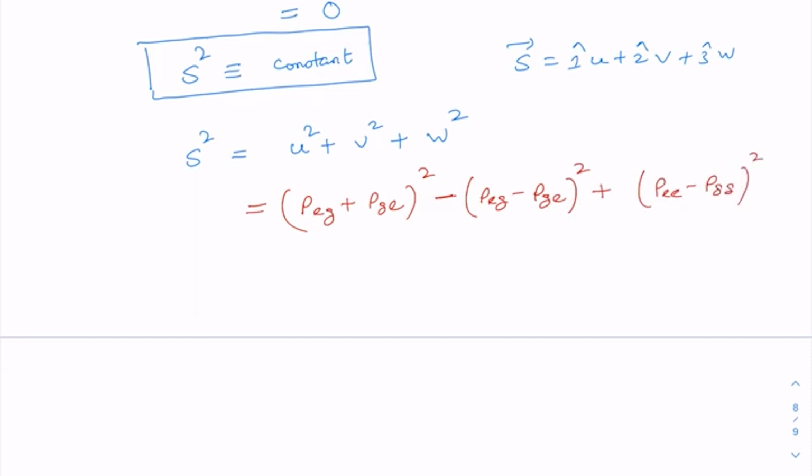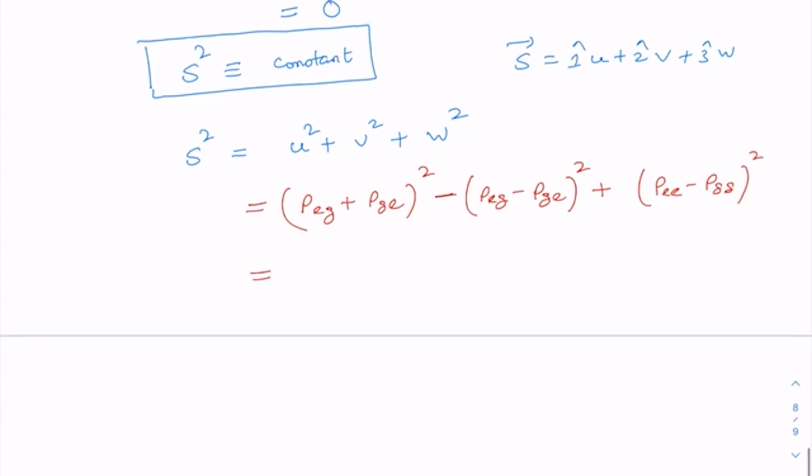If you open it up, you will be able to write it as rho ez rho ze plus rho ee square minus twice rho ee rho zz plus rho zz square.